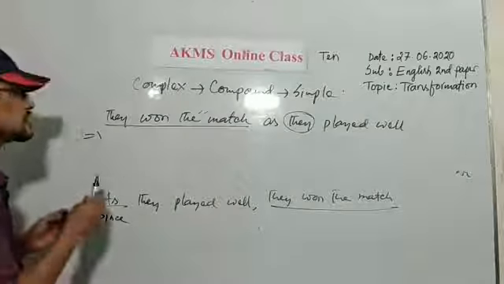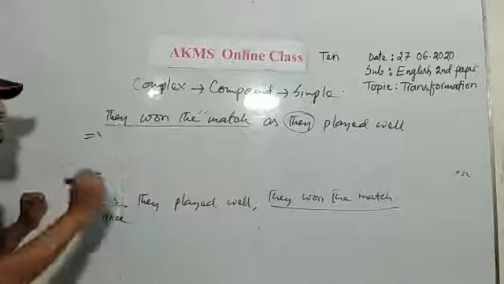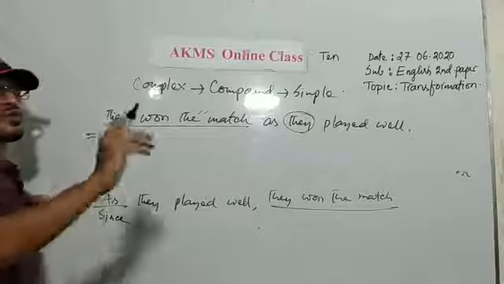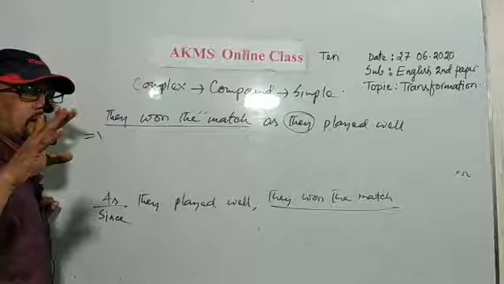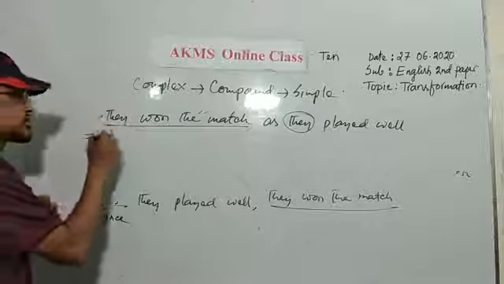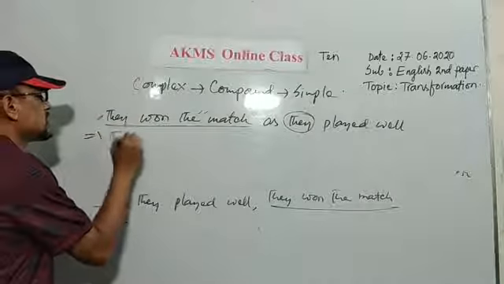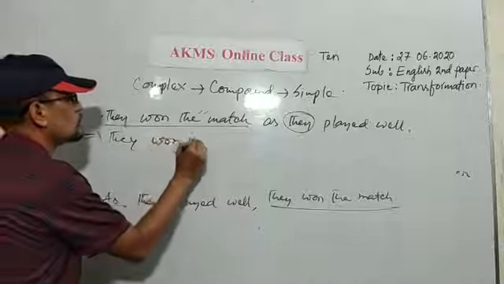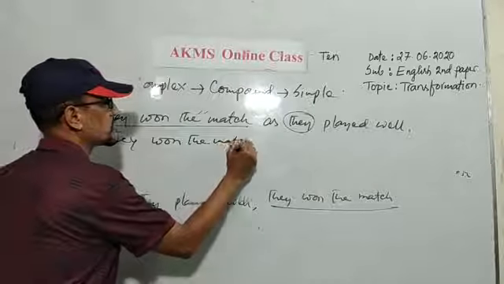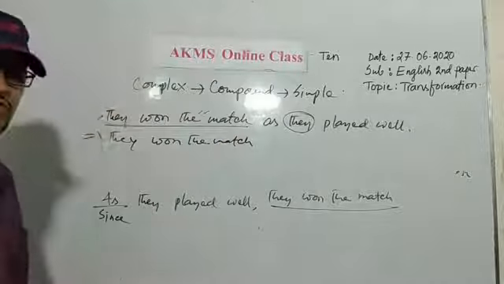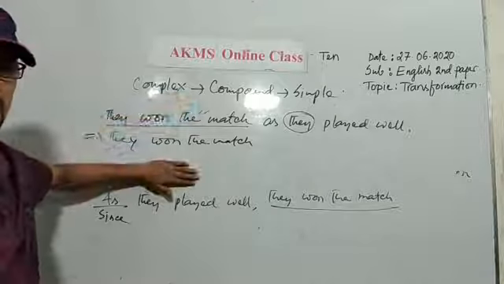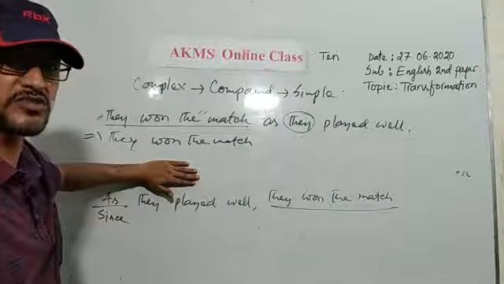Now, dears, look at the sentence. You or I have no ability to change the principal clause. I will write the principal clause: They won the match. You have noticed that I have written the full principal clause without making any kind of change.